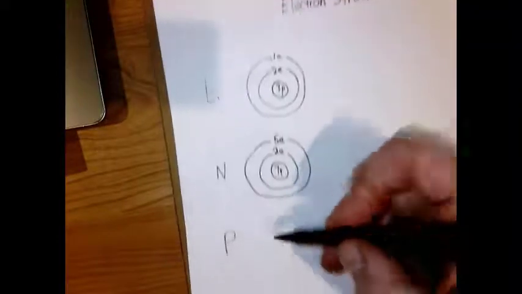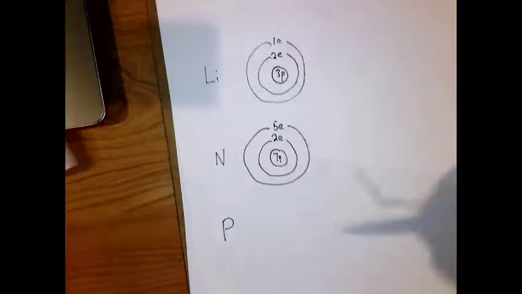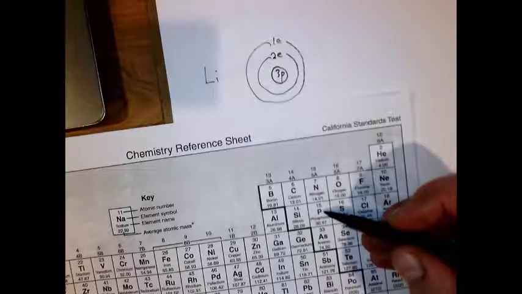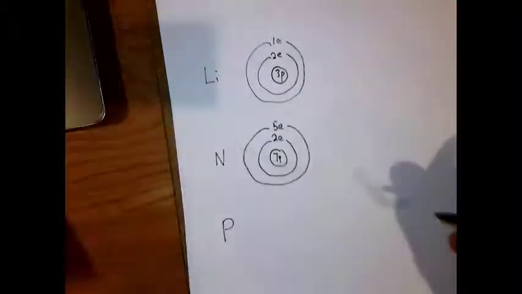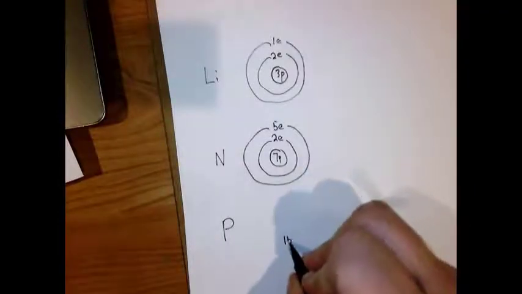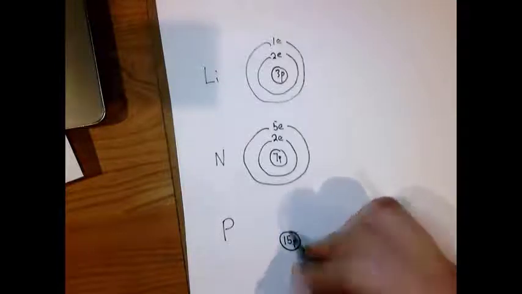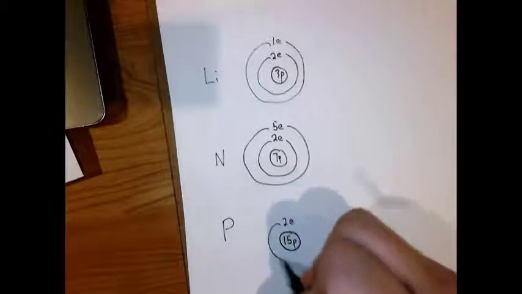And then let's go to another one, phosphorus. So phosphorus is P. It's actually going to have 15 protons and 15 electrons. So let's see how that works out. So I got my 15 protons right here. So 2 electrons in this first shell.